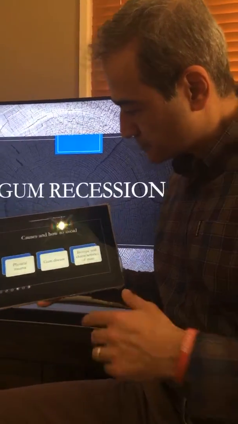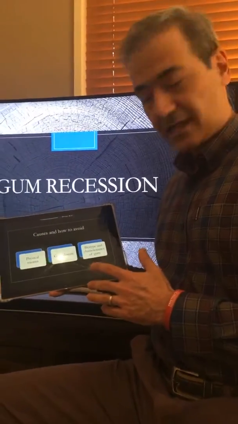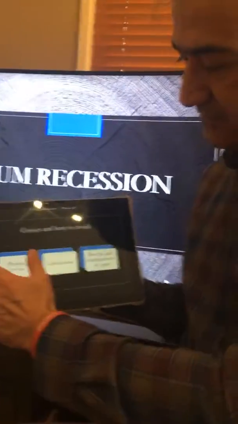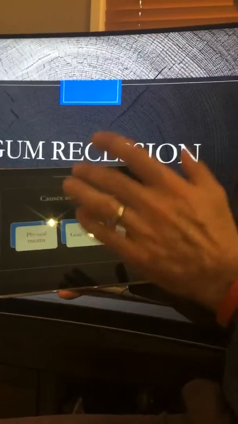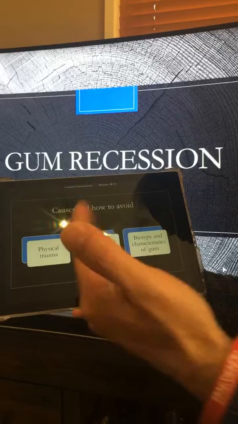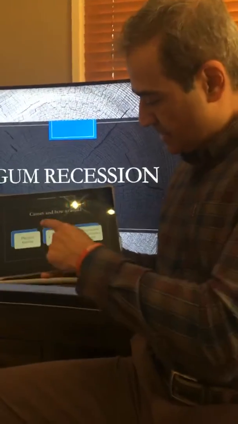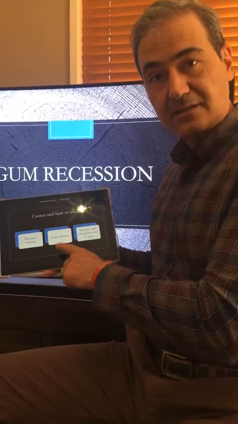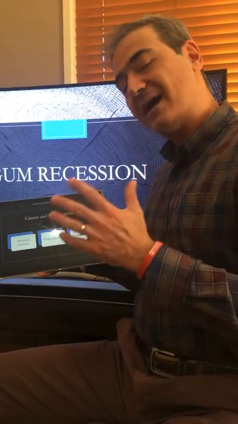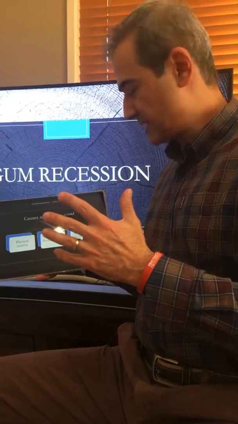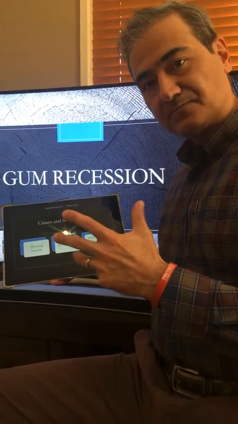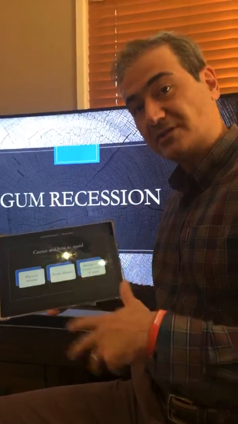Now, what causes gum recession and how we can avoid it? The first thing is physical trauma. Whatever physical trauma on the margin of the gum could cause the gum to go further down. The second common thing is gum disease. We've had a video before about gum disease. In some cases, gum swells and enlarges in volume.